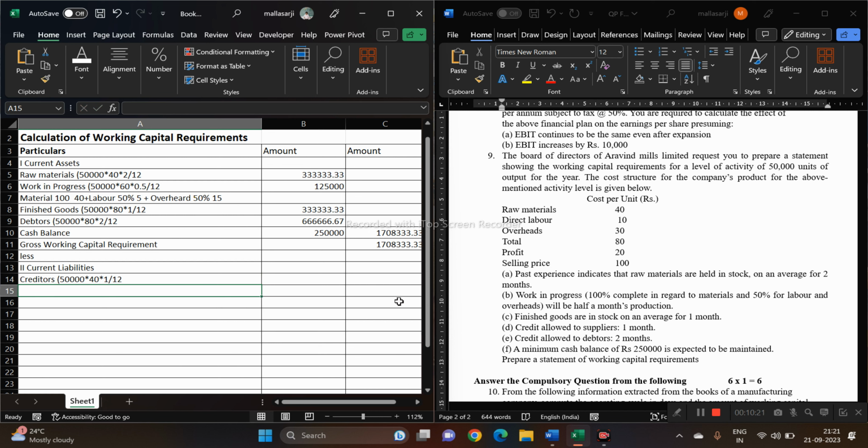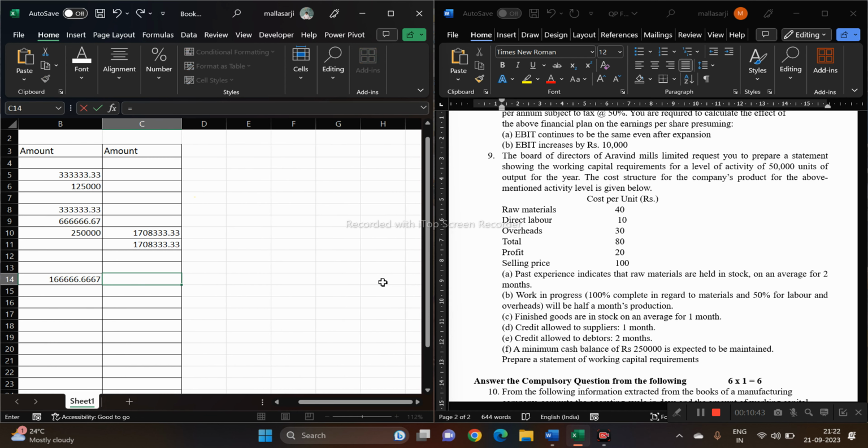The calculation is: in bracket 50,000 units into 40 into 1, bracket close, divided by 12. So we get 1,66,667. I'll take the same values here.